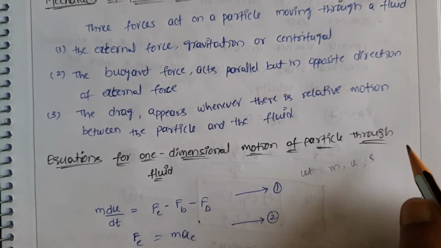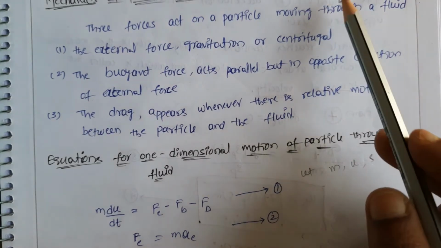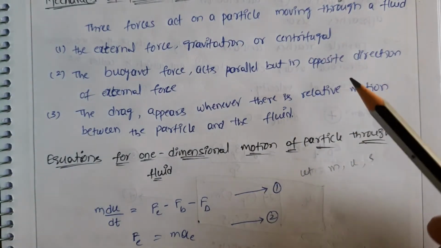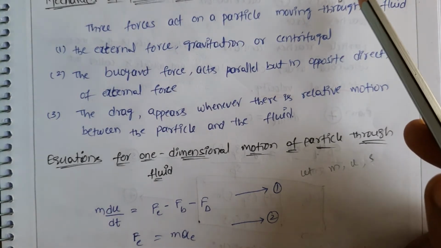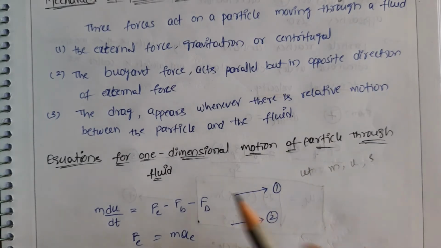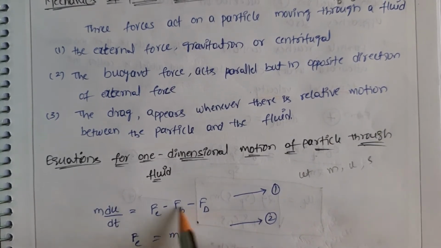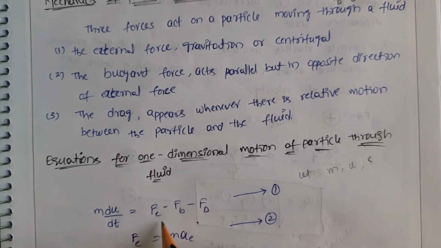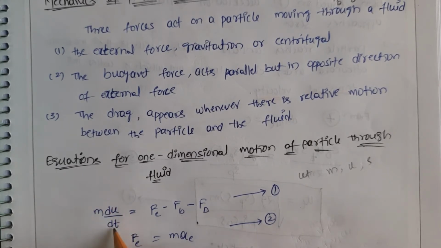Three forces are acting on the particle: the external force, the buoyancy force and the drag force. The buoyancy and drag forces act in the opposite direction of the external force. The resultant of these three forces is nothing but the accelerating force of the solid particle. Then only the solid particle will move in the fluid, right?